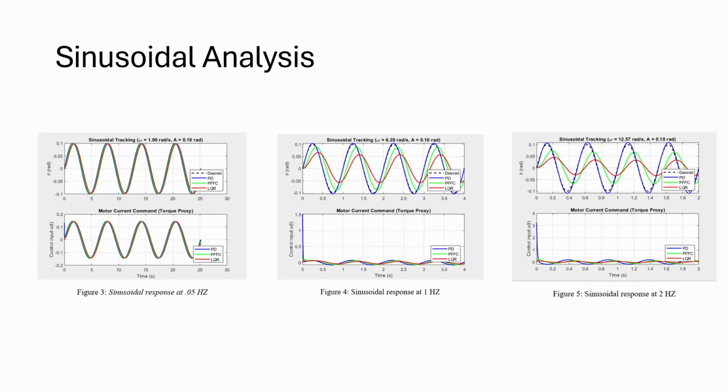Sinusoidal analysis of the systems. On the left was a very small frequency, 0.05 hertz, then in the middle was 1 hertz, and on the right is 2 hertz. The main thing to be noted here is that once you surpassed 1 hertz, there was really little difference in the system and how it was affected. At that point, it was very minimal.